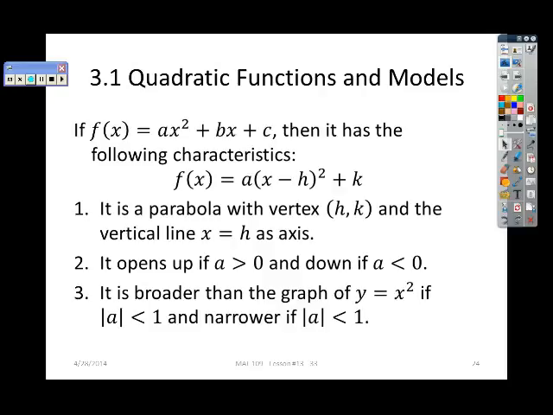We've also shifted it up by k units. The multiplier out here, if that multiplier is greater than 1, we've stretched it away from the x-axis. If it's between 0 and 1, we squeezed it down toward the x-axis. This one is talking about broader or narrower, that we use the vertical rather than the horizontal.